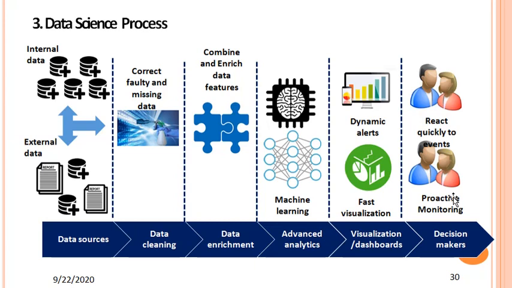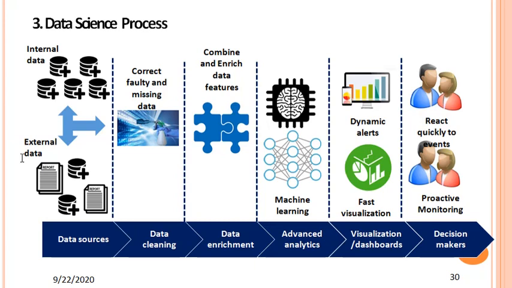In the data science process, the initial thing is to have some data sources related to the problem which we are trying to solve. Those data sources can be internal data sources, and they can also be external data sources.